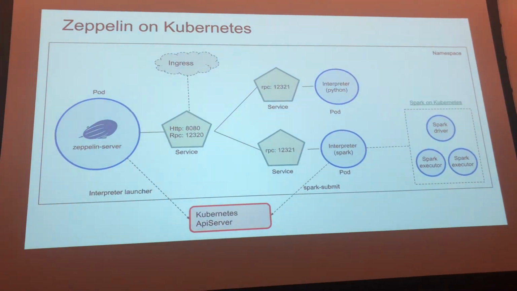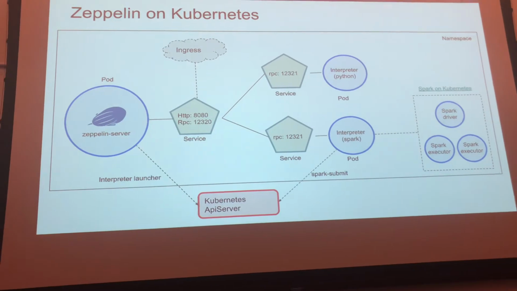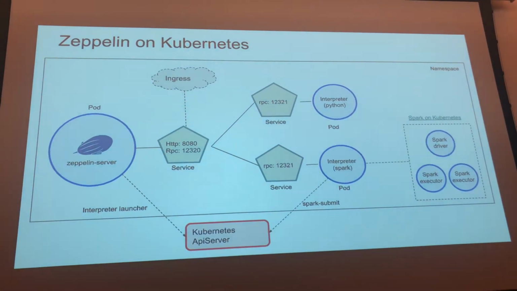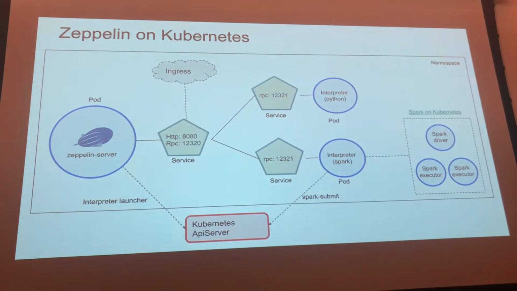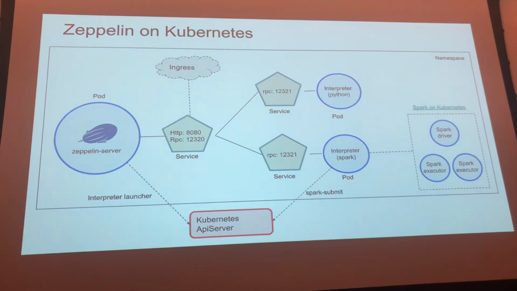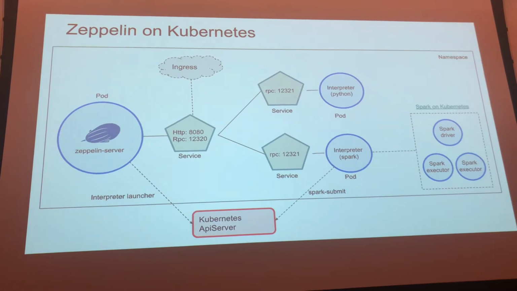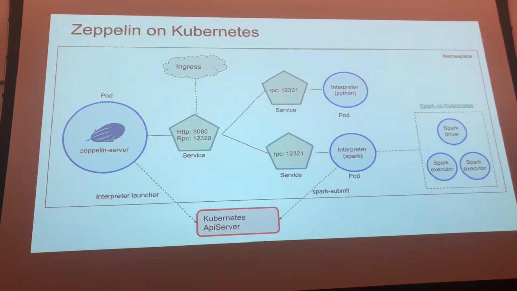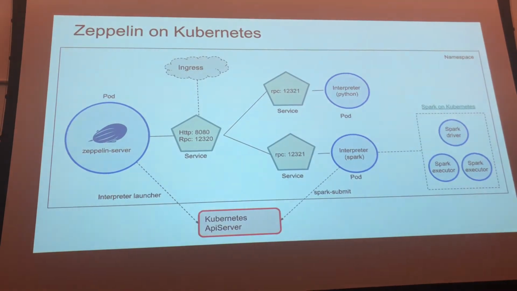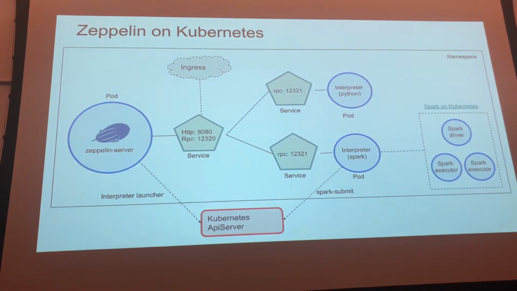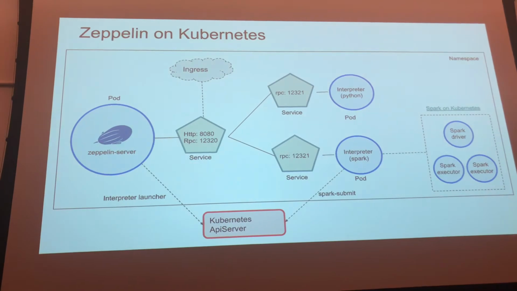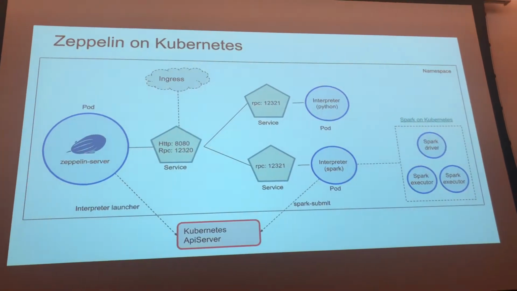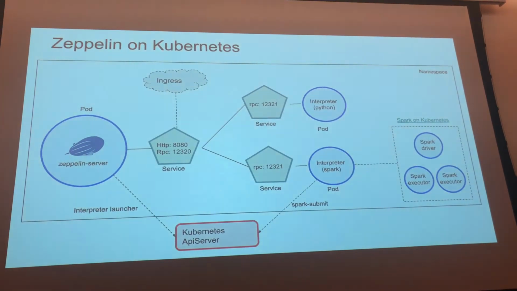And I'm assuming people here kind of know what Kubernetes does, right? Kubernetes is orchestrating containers or providing a container service. So running Zeppelin inside of Kubernetes is a concept everyone would understand, except that Zeppelin runs some computing work inside of it.